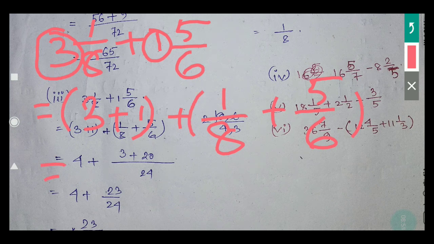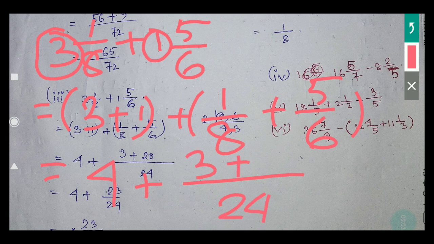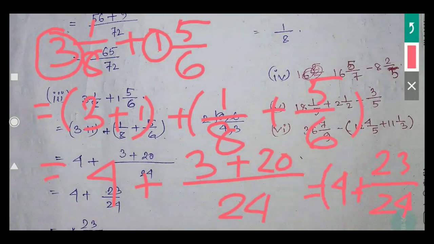Now 3 plus 1 is 4. The LCM is how much? 24. 8 3s are 24, 6 4s are 24, 4 5s are 20. That means it will be 4 plus 23 by 24.